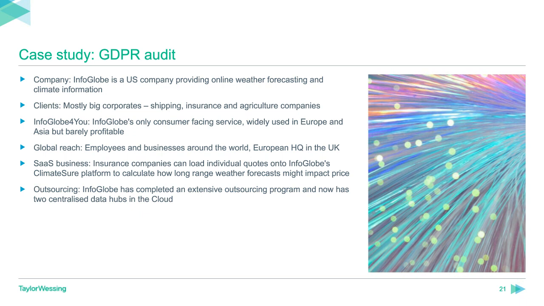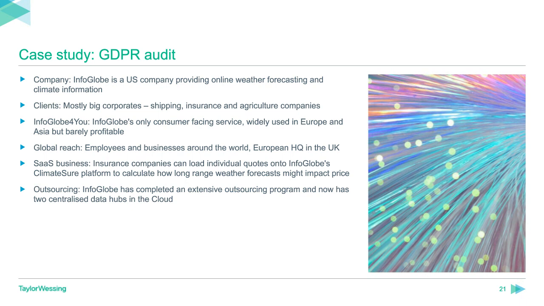In terms of global reach, employees and businesses around the world are all caught by Infoglobe's reach. It has a HQ in Europe, and that is in the UK. Now, by and large, and not unusual, it is a SaaS-based business.